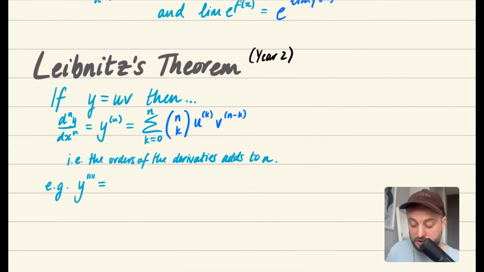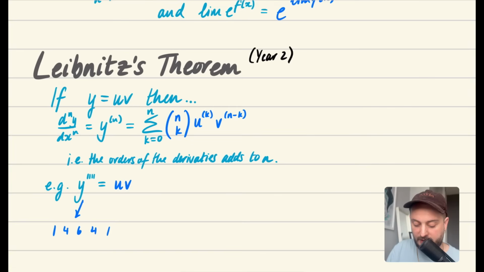So I think the best way of me trying to demonstrate this is to remind you with an example. So the fourth derivative of y, well, the binomial coefficients for the fourth derivative will be 1, 4, 6, 4, and 1. So I'm going to start off with u to the 0th derivative. Now the 0th derivative is just u.